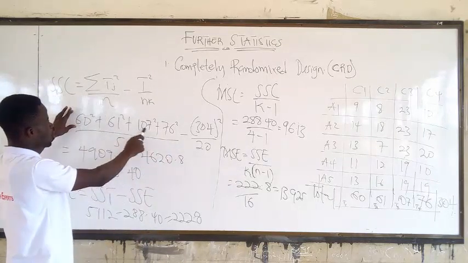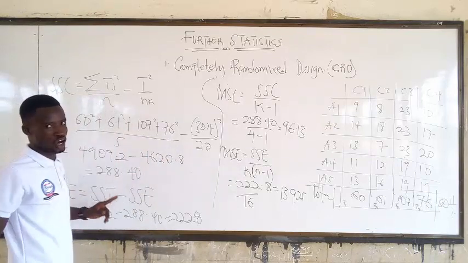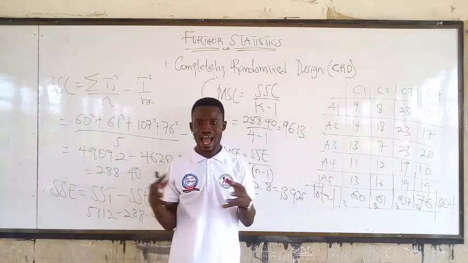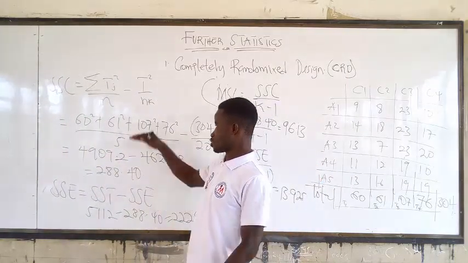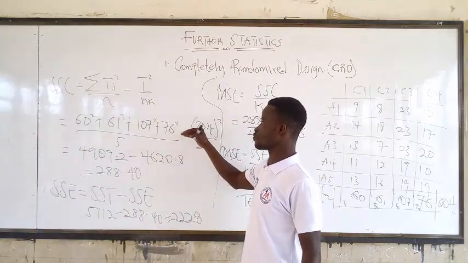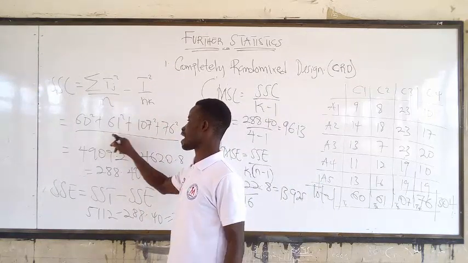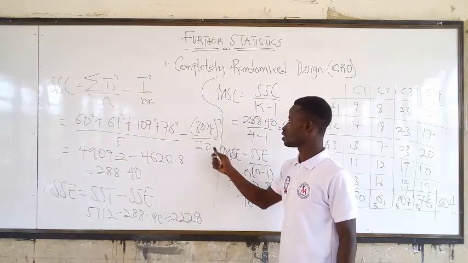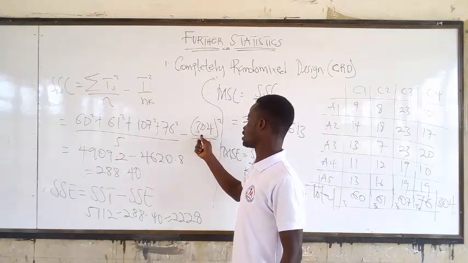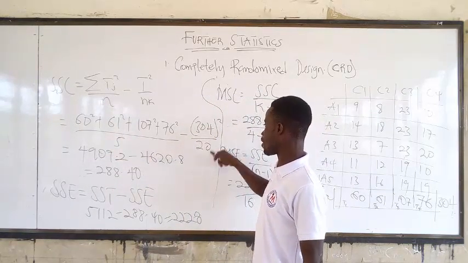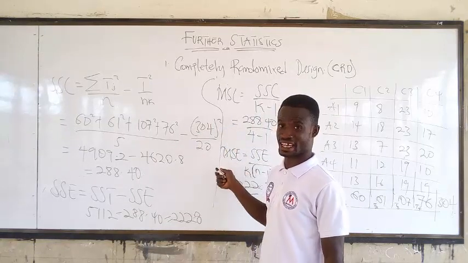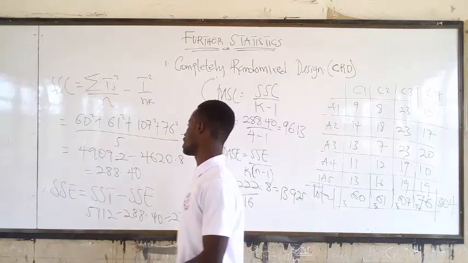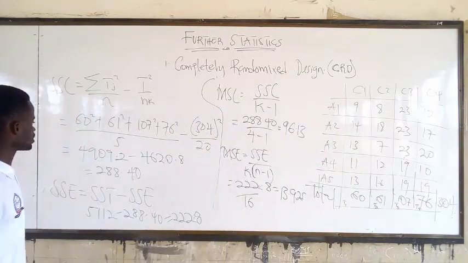In summing all of them, you have to square each. It's not add them before you square. It's square each of it before you add. Then you divide by the n, minus the T squared over the nk. And you know the nk is 20. So that's what we are going to have there. And doing that will give you this.